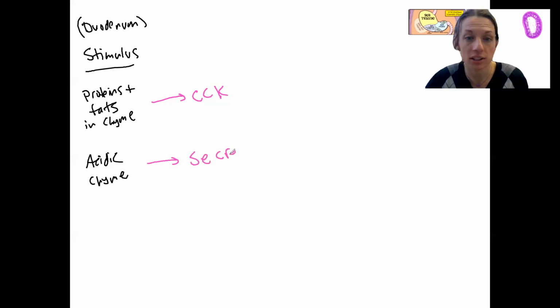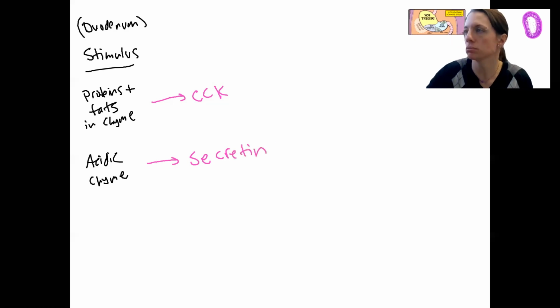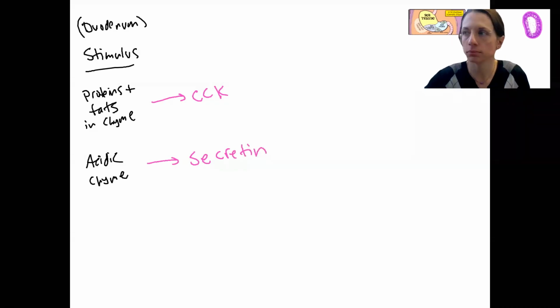Secretin, I did it right. These hormones are released from intestinal cells, right? Remember, CCK is released from I cells in the intestinal glands of the duodenum. Secretin is released from S cells in the intestinal glands of the duodenum.